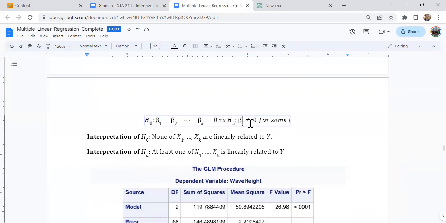How we interpret that in words is that the null is that none of the x's are linearly related to y, and the alternative hypothesis is that at least one is. Sounds familiar, right? It's similar to ANOVA, where it was all the means are equal versus at least one pair of means was not equal.